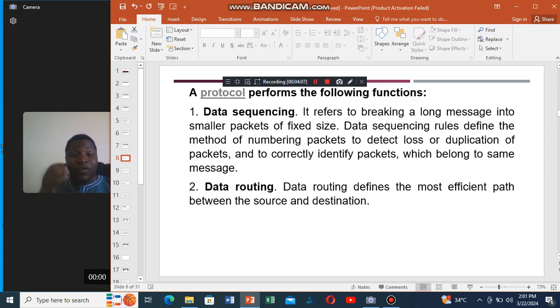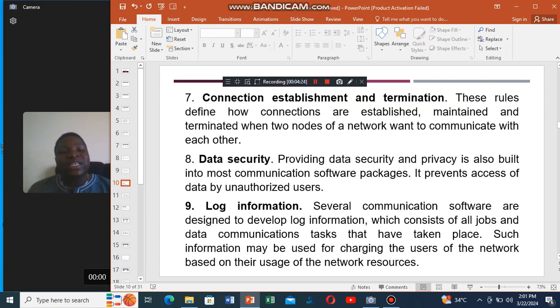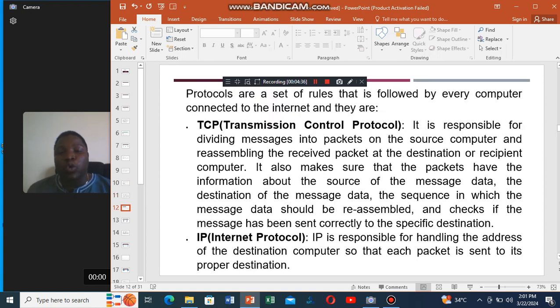The functions of the protocol, the set of rules governing data communication, are data sequencing, data routing, data formatting, flow control, error control, precedence and order of transmission, connection establishment and termination, data security, and login information. These are the rules and regulations governing data communication, that is the protocol.